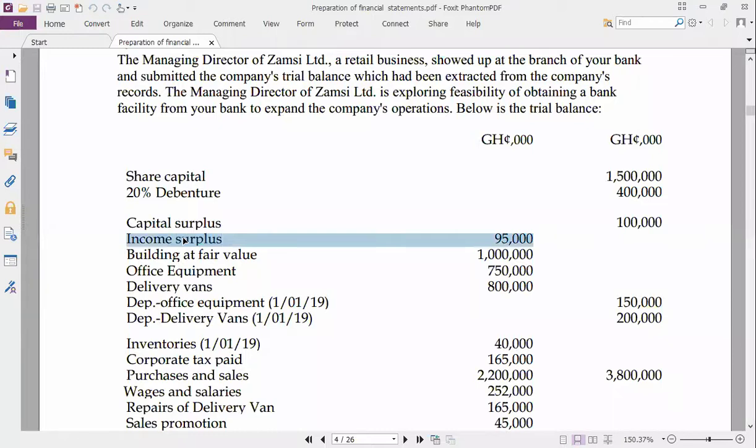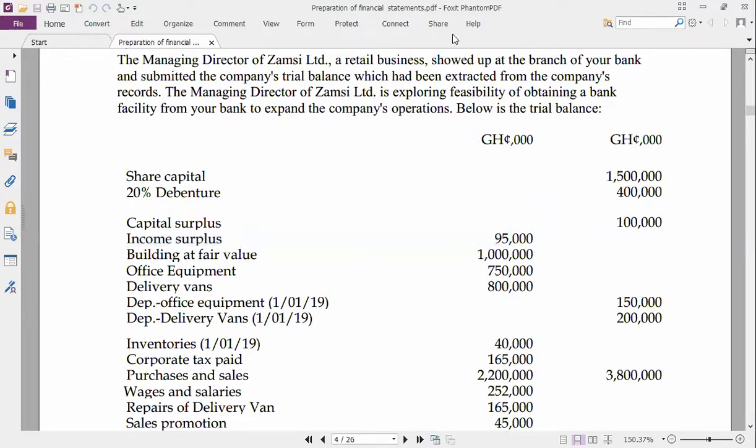It's a debit. Debit means they have had a consistent loss, so it has cleared the good balance. So loss, put it in brackets. This is negative, so put this figure in brackets. It's supposed to be a credit, but now it's a debit.